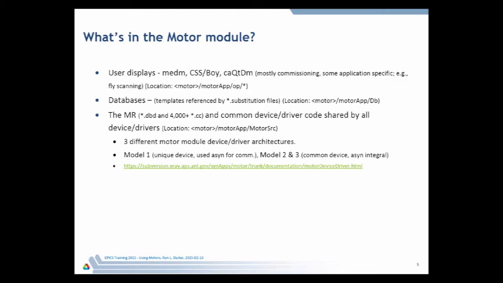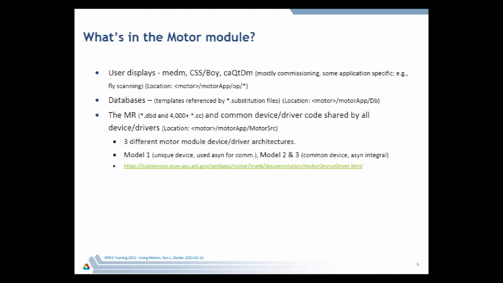Basically there's common shared device driver support, because the controller specific code will not function by itself. Or I should say it would function by itself, but the reason for this is to eliminate duplicated code. Part of the distribution, the common code has 3 different types of device driver architectures.